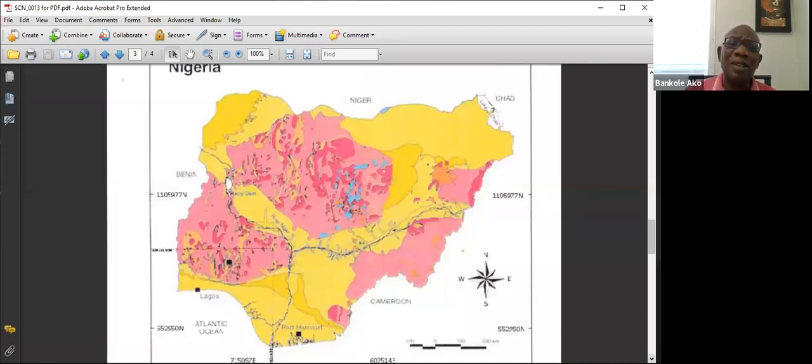If you look at it, all the areas in yellow or light yellow, they are areas of sedimentary rocks. All the other areas represent areas underlain by the basement complex rocks of Nigeria. These are hard rocks. They are not sedimentary rocks.